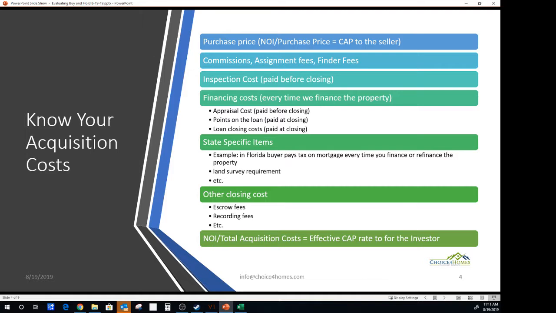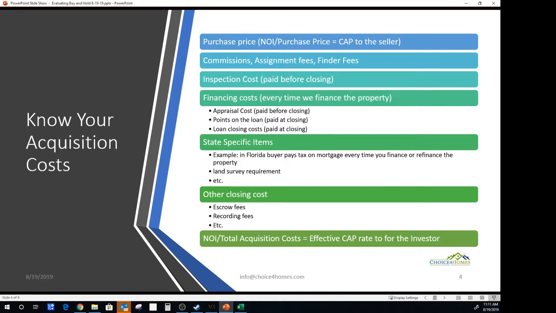Now, I'm going to tell you right away, if you're going to invest with me, and I find an amazing deal, and I bring it to one of my investors, and we JV on that, I'm going to hit it with an assignment fee. I'm going to charge something for taking that deal and putting it into the joint venture, instead of just keeping it or wholesaling the deal, because it's an opportunity cost, and I would like to benefit from that.